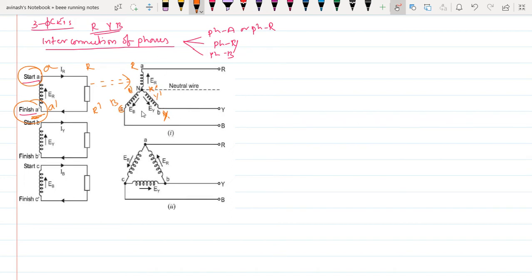Hope you can understand these points. The three windings have their last ending points connected to one common terminal. This makes the star connection.